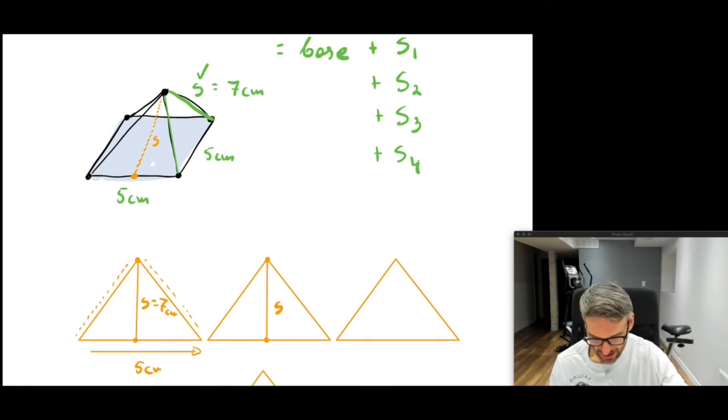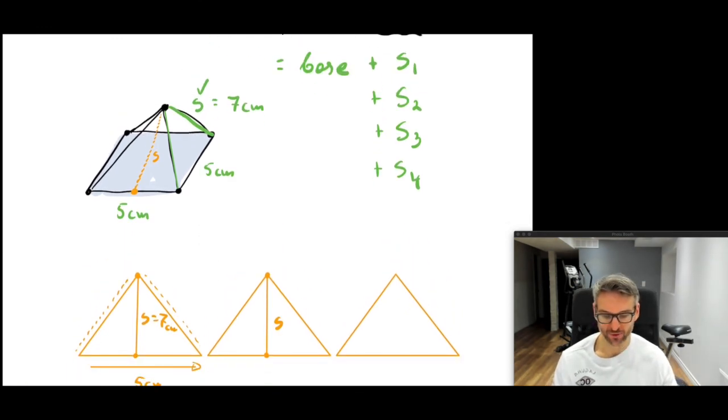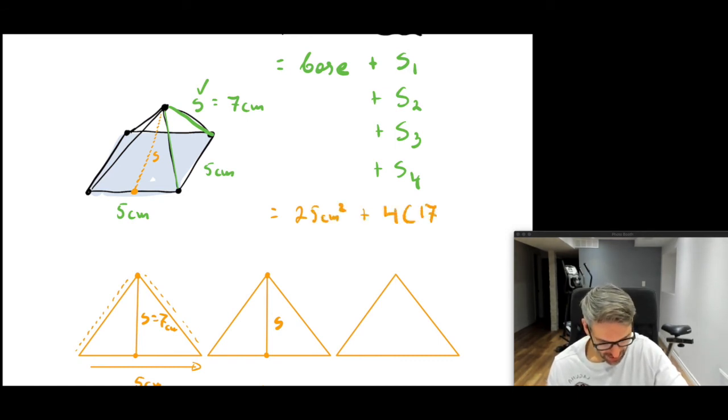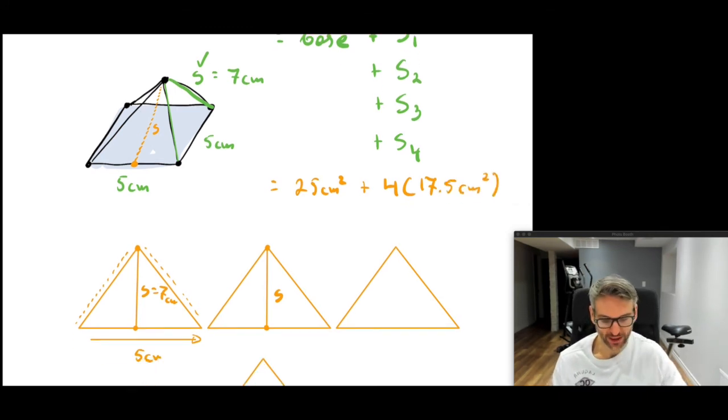So my base here is 5 times 5, which is 25 centimeters squared, so that's my base, plus 4 times 17.5 centimeters squared. And you can add that up and you have your surface area of that pyramid.